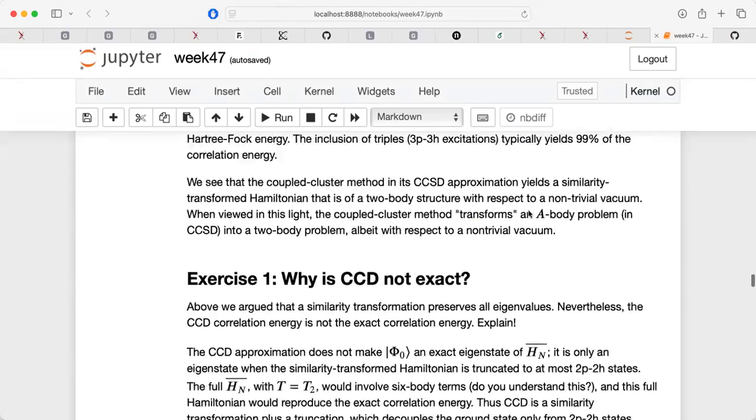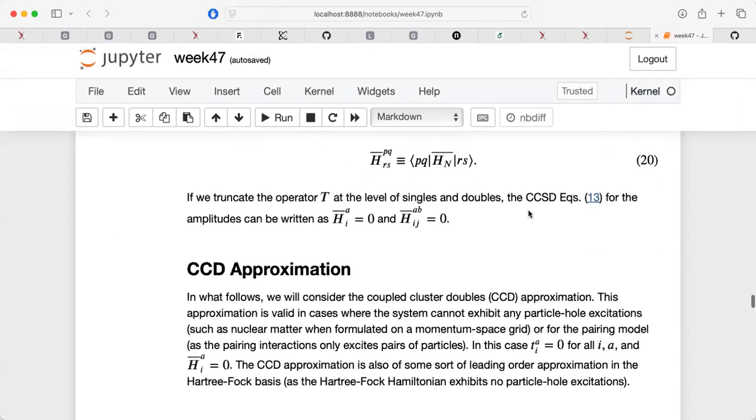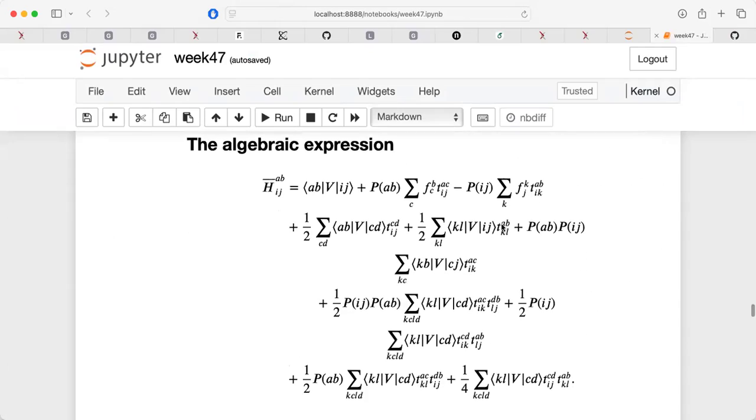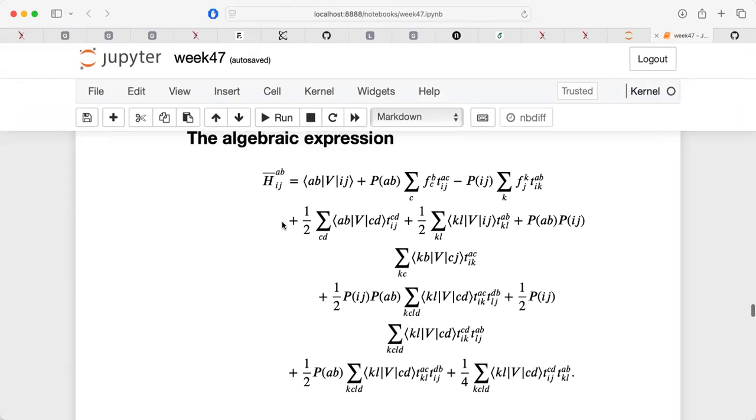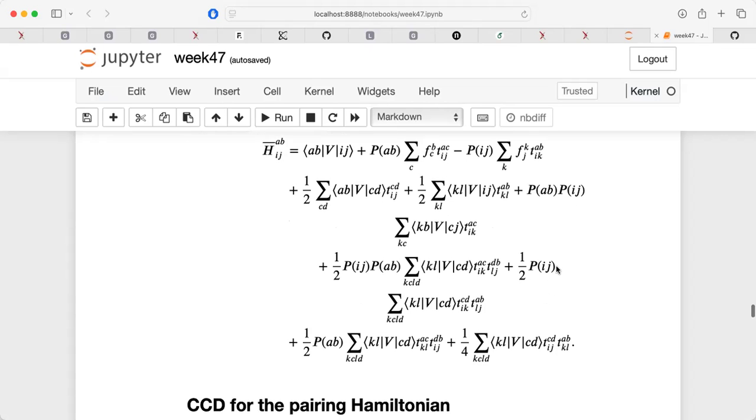If we now set up the final expression, this algebraic form can be rewritten in terms of these operators P(A,B), where we interchange A and B, we interchange I and J, and then we get the one-body operators, which will be this one, and then we have the two-body operators. These are the expressions which we wrote down, except that now we have these interchanges of the different operators.